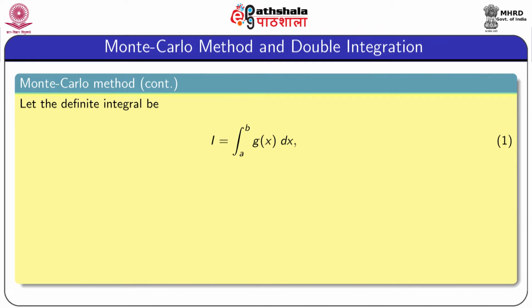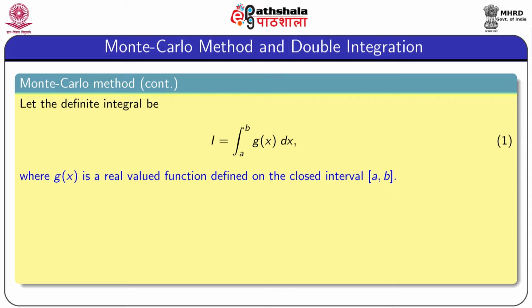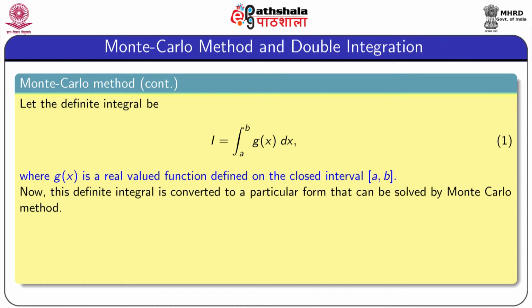Let the definite integral be I equal to integration a to b g(x) dx, where g(x) is the given integrand and it is a real valued function defined on the closed interval [a, b]. Now, this definite integral is converted to a particular form that can be solved by the Monte Carlo method, based on random numbers.